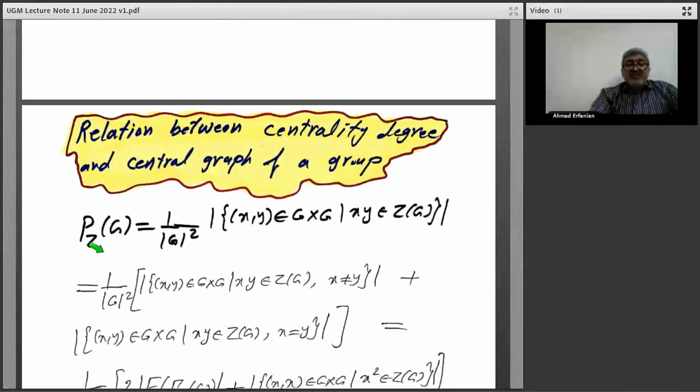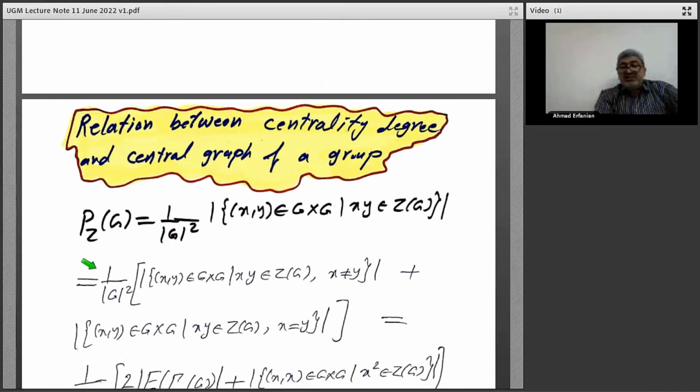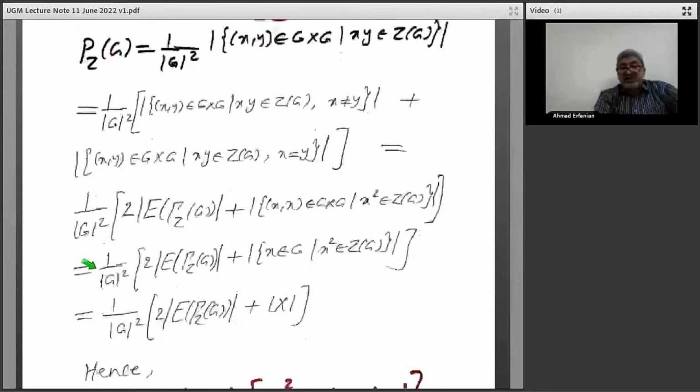Now, we define the centrality degree as the number of all pairs (x, y) such that xy is in the center, divided by the order of G squared.